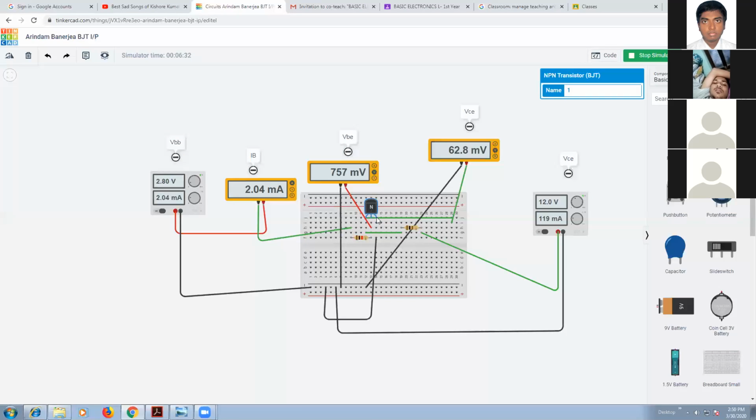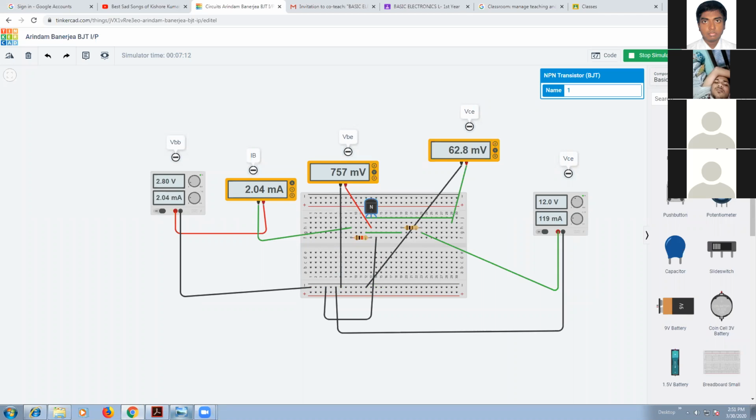Then the emitter is already connected with the ground terminal, and this ground terminal of the power supply is connected here, which is already connected with the other ground terminal of the power supply. So all the ground terminals of the power supply are to be shorted with the emitter. You can see, this is your series connection.